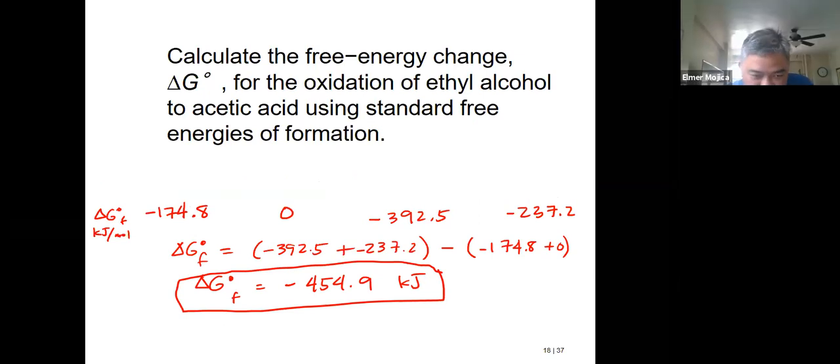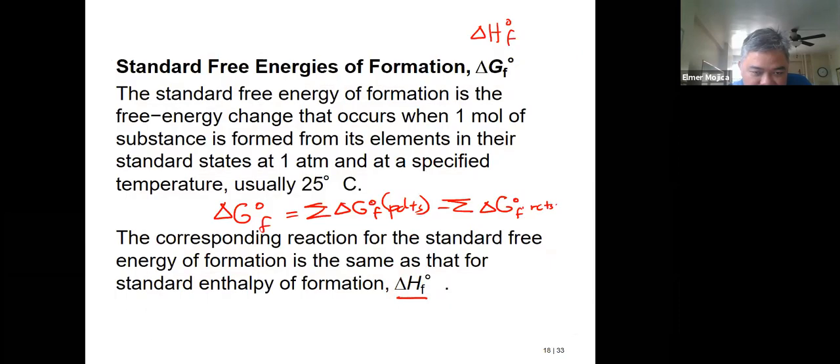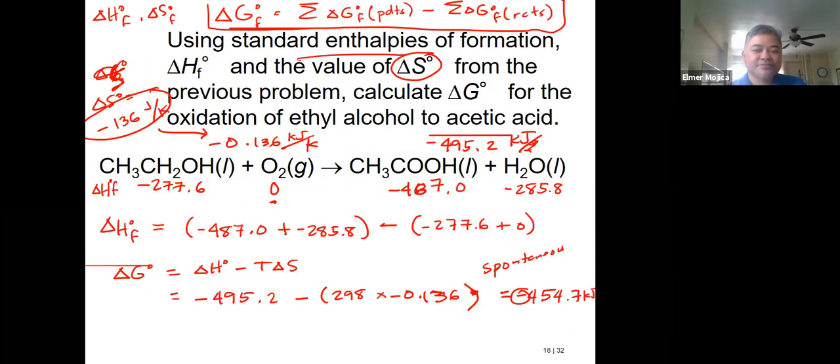Compare it with what we had before, negative 454.7. That's almost close, right? So whatever value you use, it's going to be close to that value.